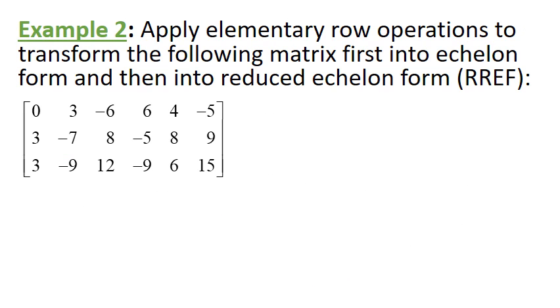Okay, here we go. We want to apply elementary row operations. First we want this to be transformed into echelon form and then reduced row echelon form. So let's get started. Let's talk about what we know. We know that this first entry must be non-zero.